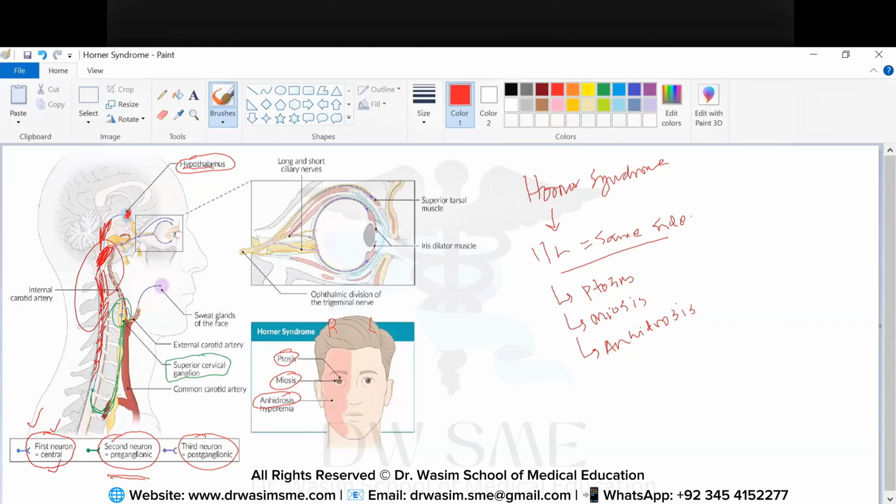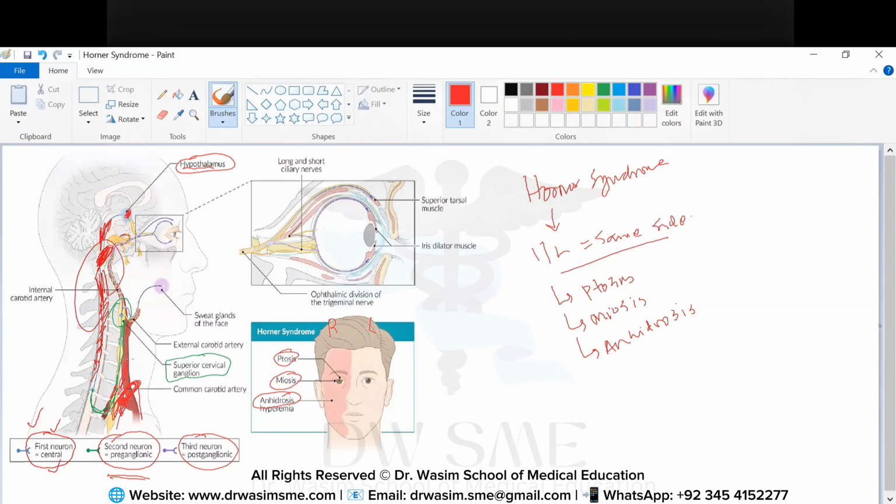This may be a Pancoast tumor, that is a tumor of the apex of the lung. If there is a tumor of the apex of the lung, that is called a Pancoast tumor, and it may cause preganglionic Horner syndrome. The second thing is if there is trauma in this region, that may also cause preganglionic Horner syndrome. The third thing is lymphadenopathy.